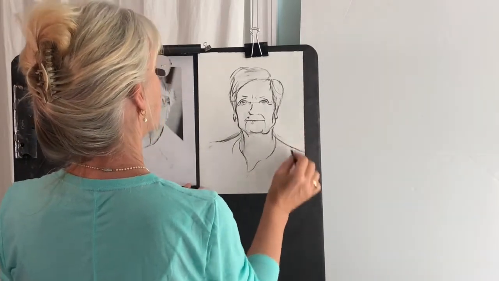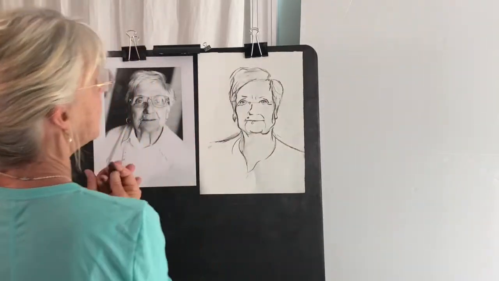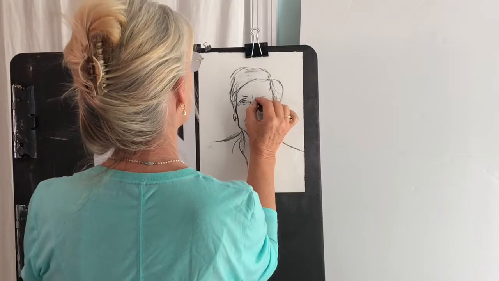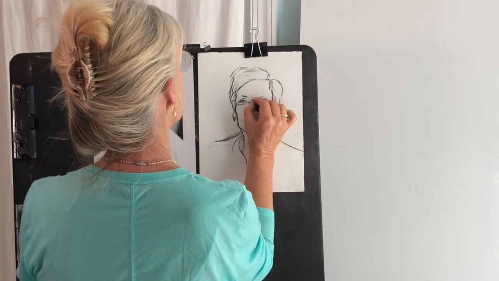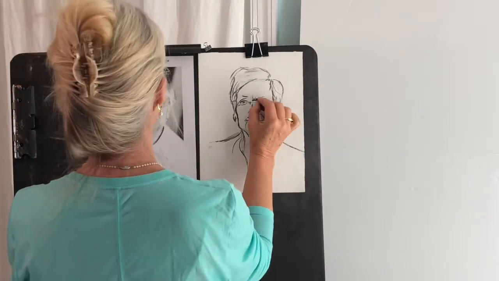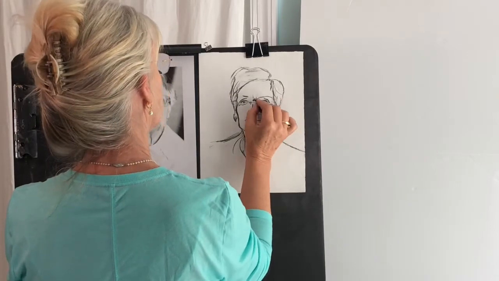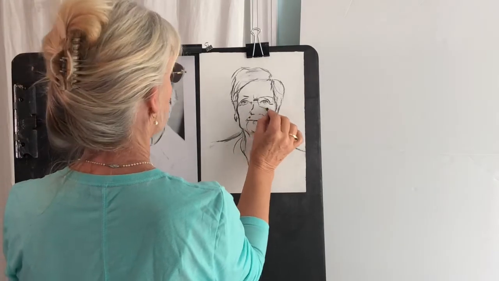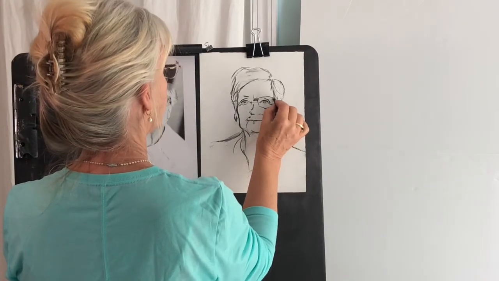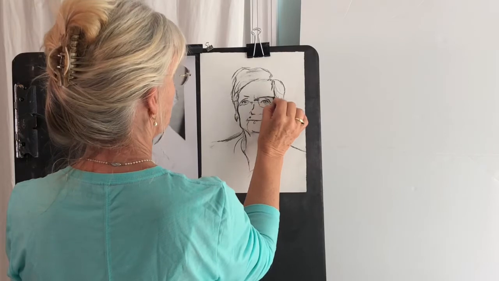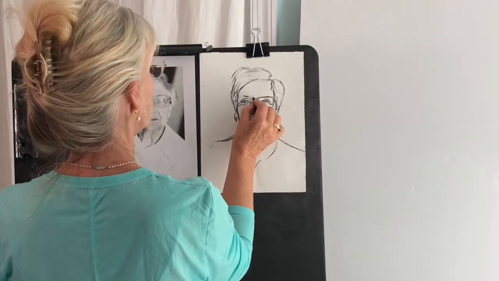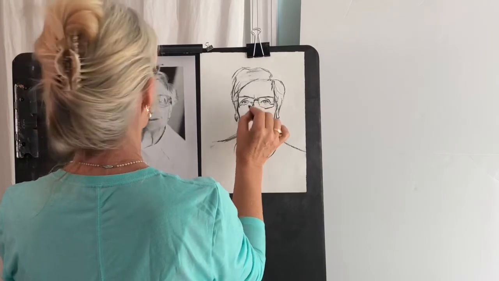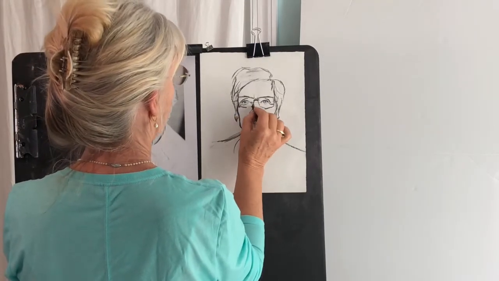We would add a shirt later on if we had more time. And then this point is basically where, if you're going to, you could put her glasses on. Sitting that across the bridge of the nose, out to the corner. Look at the angles of the glasses; it's going to help you to draw them. Just think angles. Compared to the vertical or horizontal, what angle is this happening?